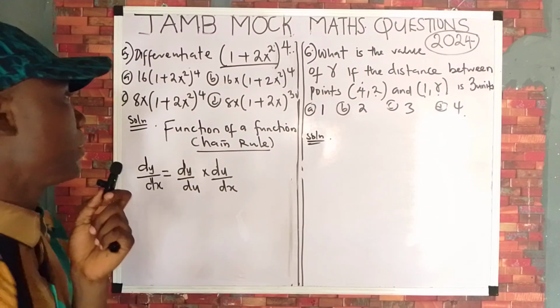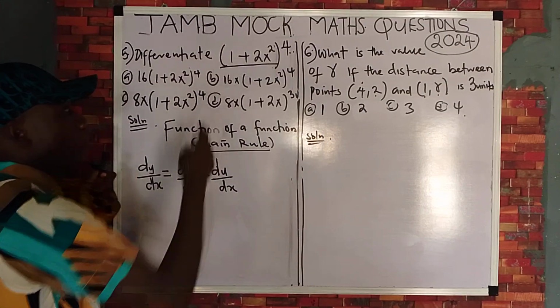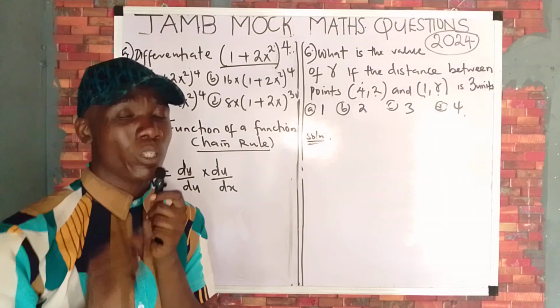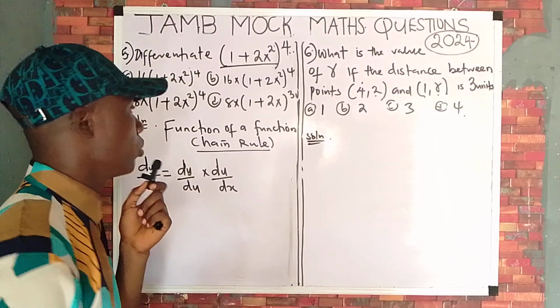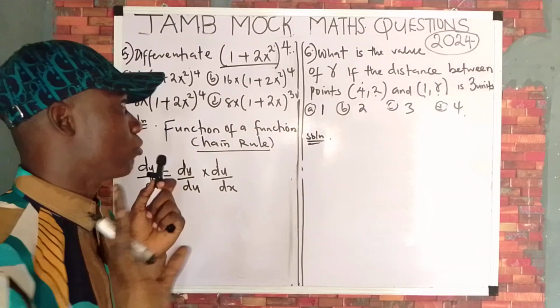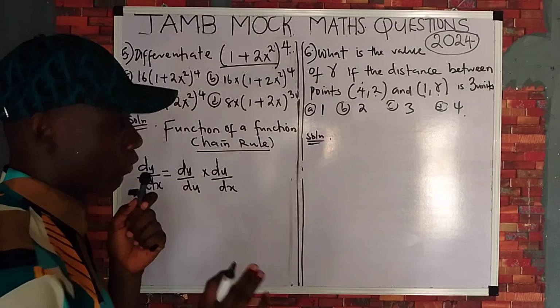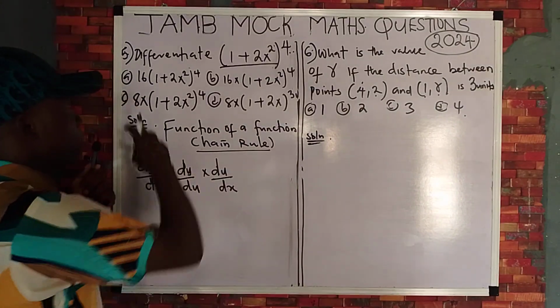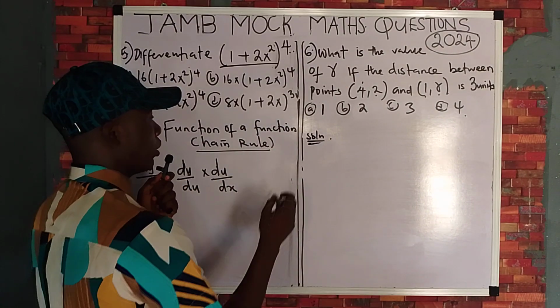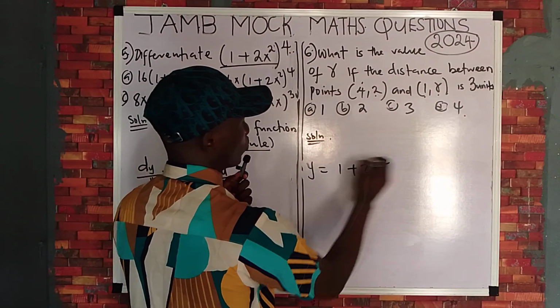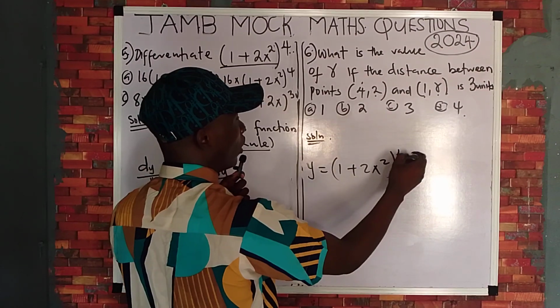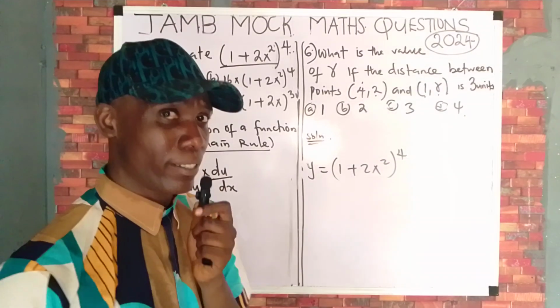If you have a good mathematics textbook, you'll see that solving this particular problem will require you to introduce another variable which we call u, so you can get your du over dx. But you don't have to do that. All you have to do is just follow the trick I want to give you now. So if I have that y is equal to (1 plus 2x squared) raised to the power of 4, what is the trick?